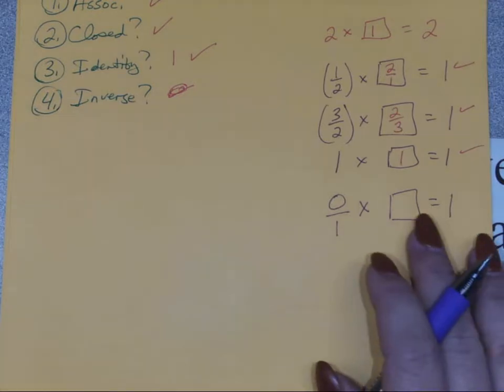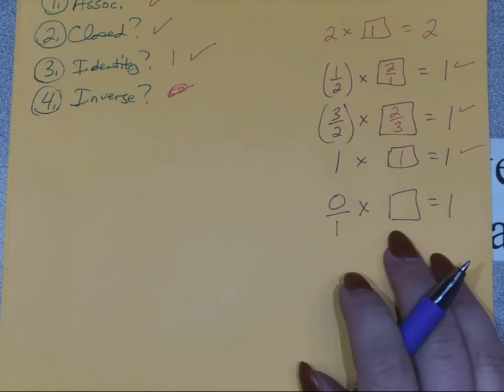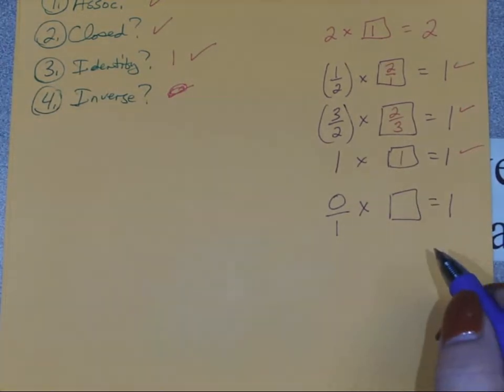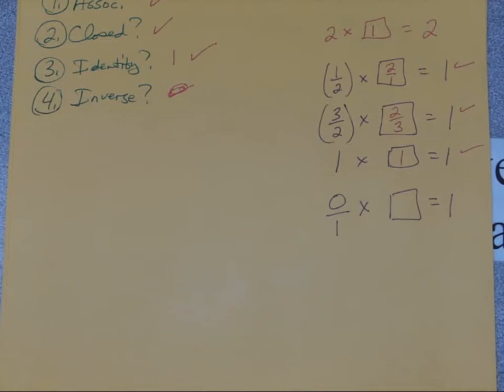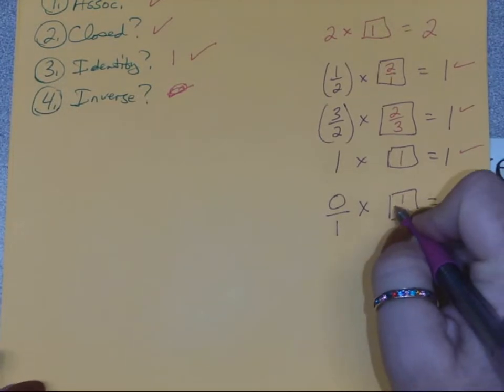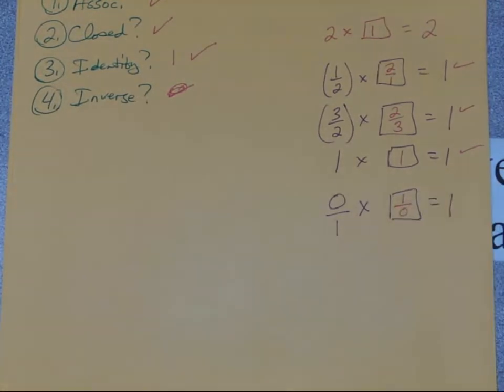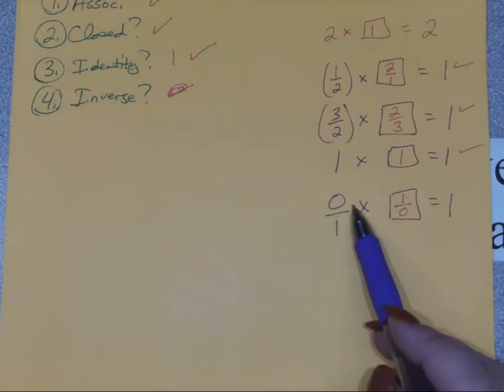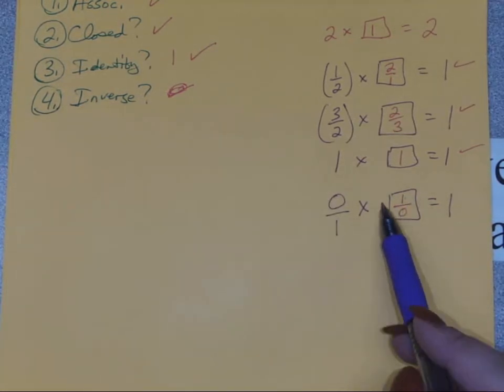But here's my problem. Whenever I go to multiply by something and get a 1, what would this have to be in order for that to reduce out and give me a 1? 1 over 0, right? Okay, and not only is that not defined, I don't know what the heck 1 over 0 is right now, but we know you can't ever divide by 0.